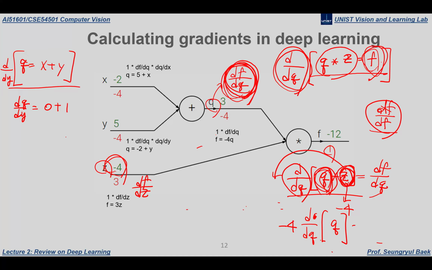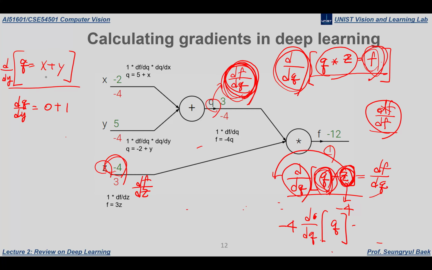When differentiating x with respect to y, it becomes simply 0 because x is constant from the aspect of y. And y is a variable having power of 1, so its gradient becomes 1. So dq/dy simply goes to 1.